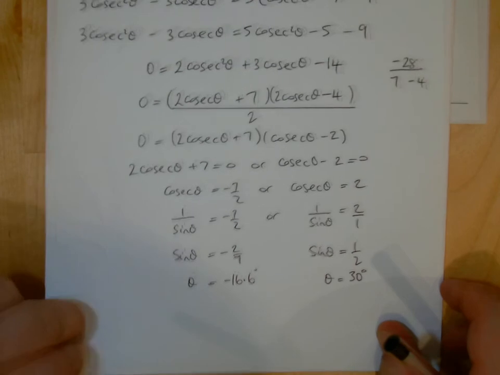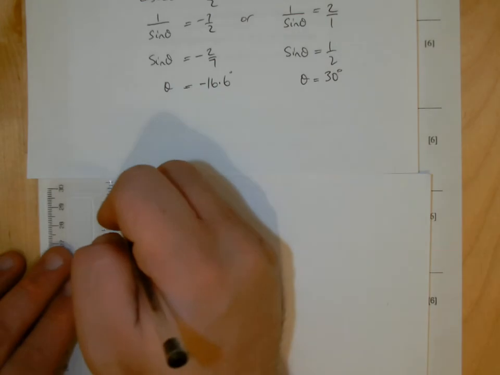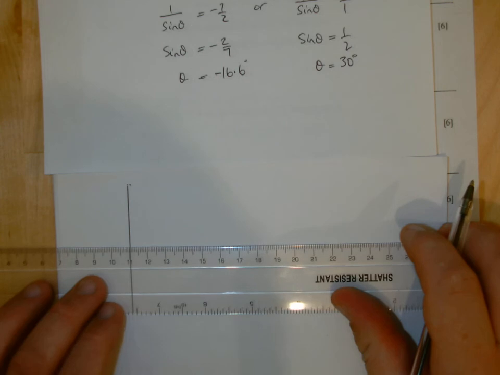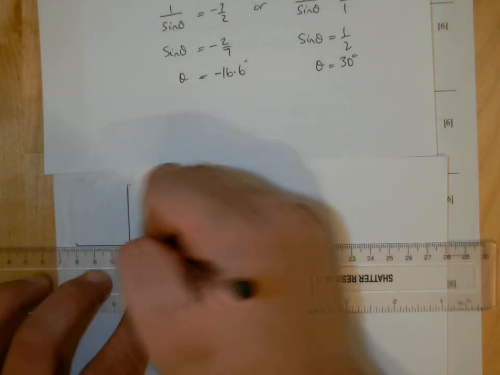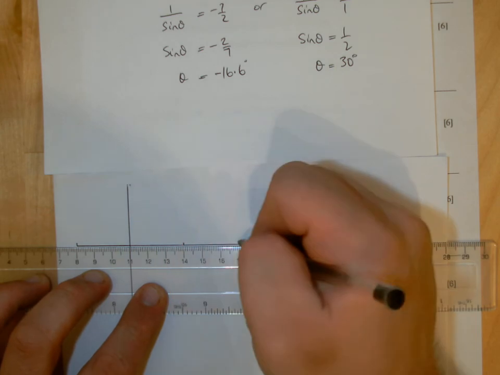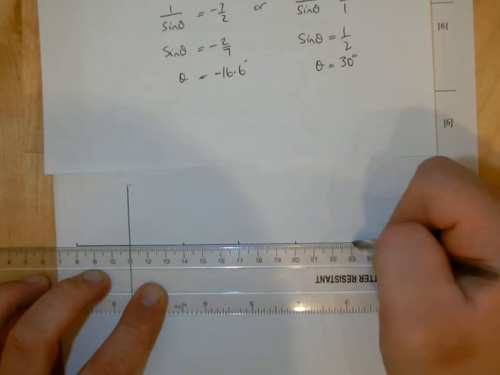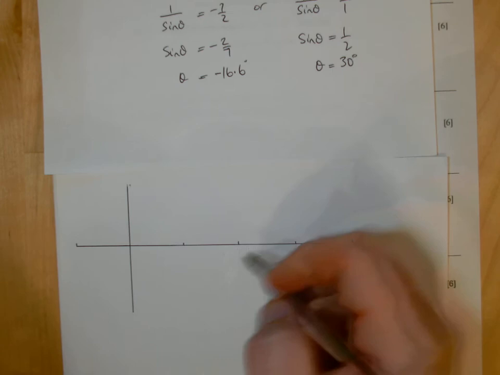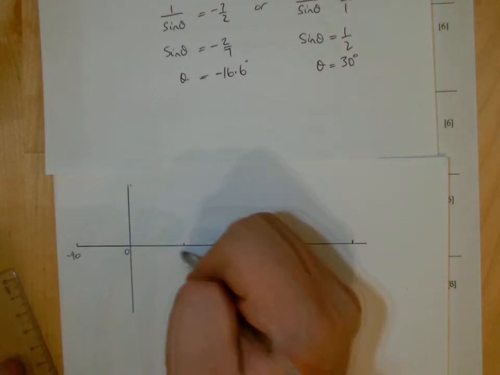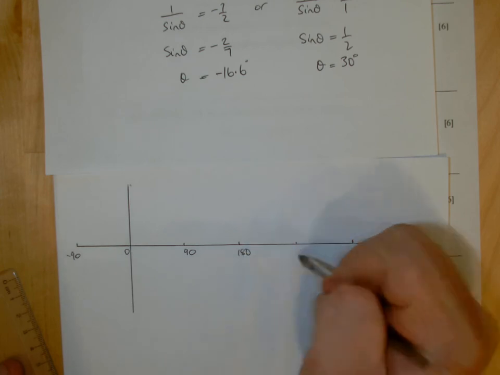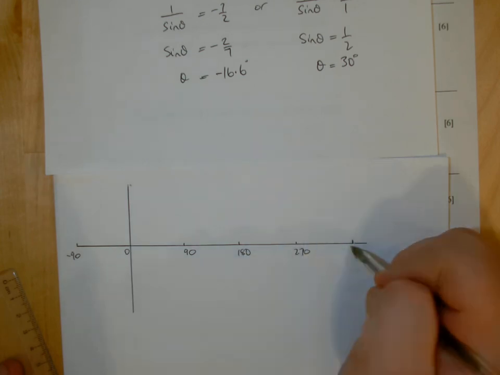Okay, so we're going to draw a sine graph. We need to go to minus 90, so maybe every 3 centimeters to represent 90. So minus 90, 0, 90, 180, 270, 360.